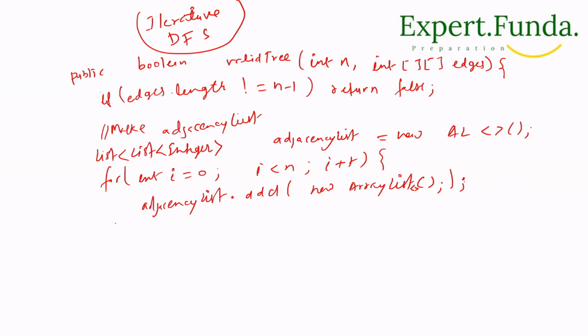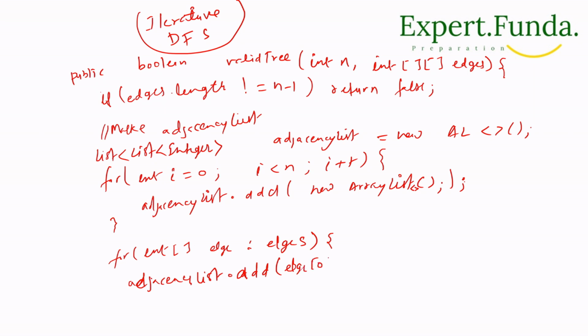Now after initializing, we have to put the values. How will we do that? We make a for loop, and we take one edge at a time from edges. For each edge we add to the adjacency list: adjacencyList.get(edge[0]).add(edge[1]).